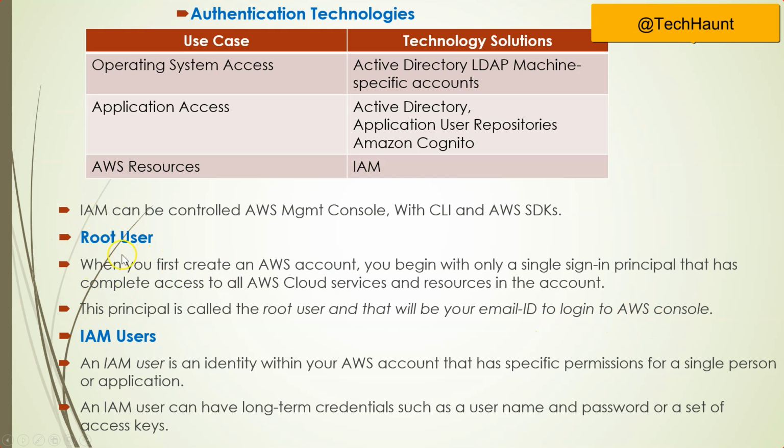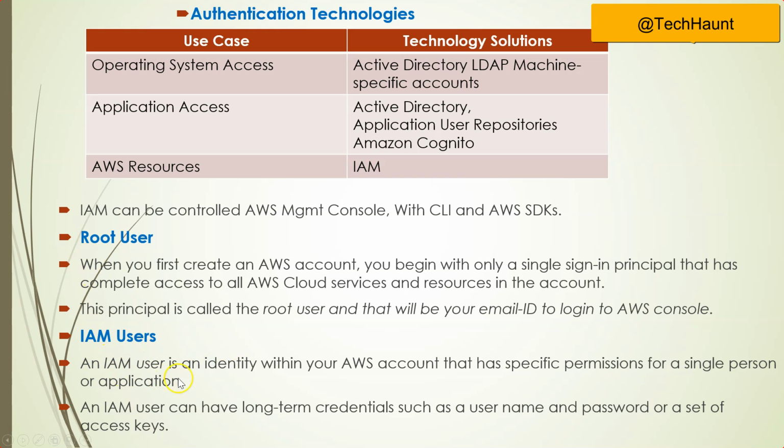Once you have created your account with your root user, it's best practice not to use the root user for anything else. It's just for account creation, and you don't need the root user to manage things. Rather, you should create another IAM user which has administrator privileges in your AWS account. We will look into the best practices also.